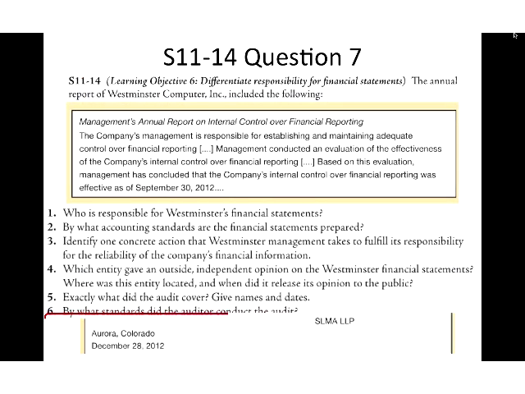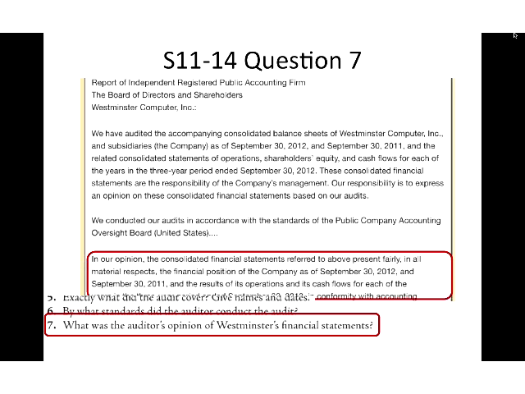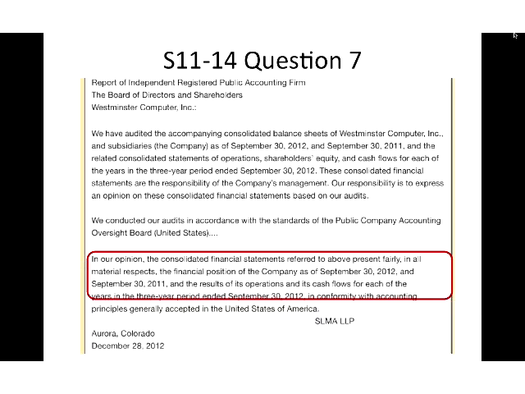Okay. And then that last question, what was the auditor's opinion of the financial statements? The auditor's opinion is going to come in that last paragraph, and it says, in our opinion, and this is very much dictated language. You're going to look at audit reports and they're all going to have the same language. The consolidated financial statements referred to above present fairly in all material respects.